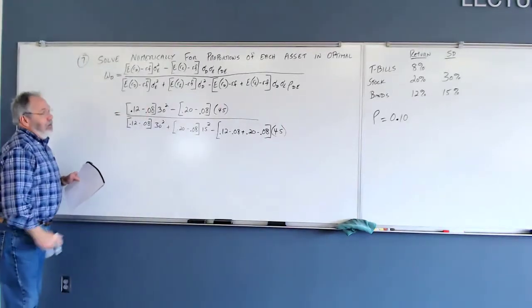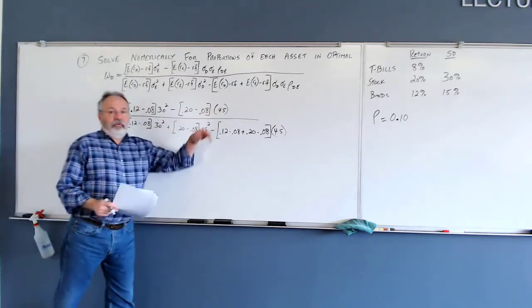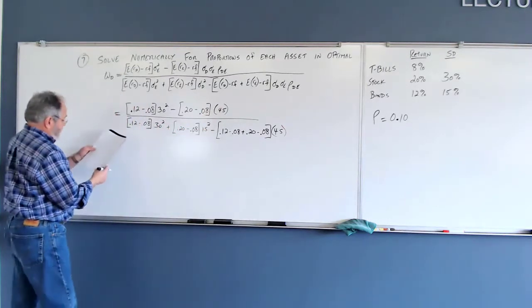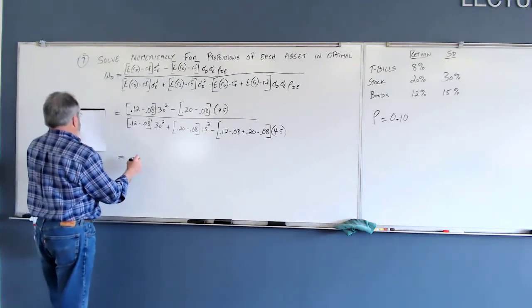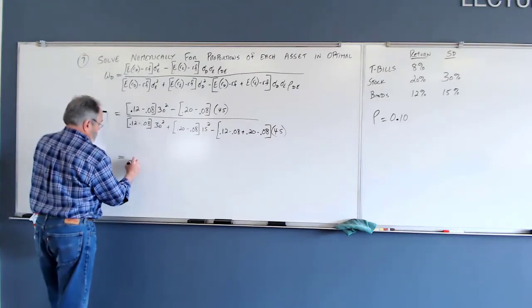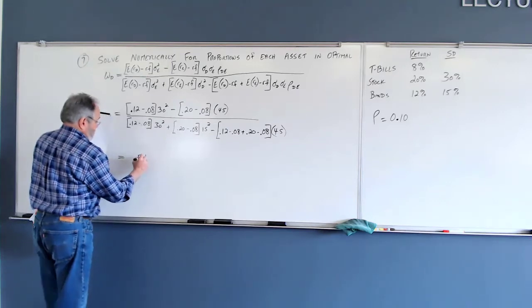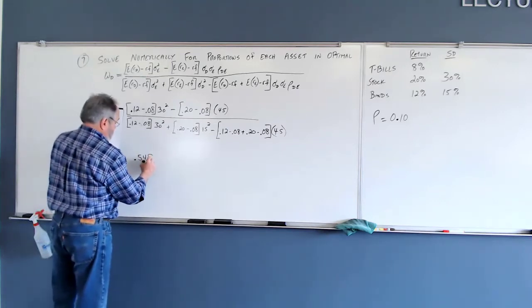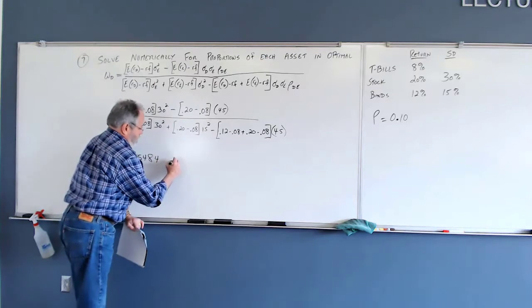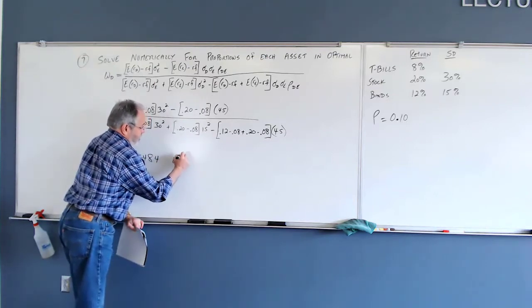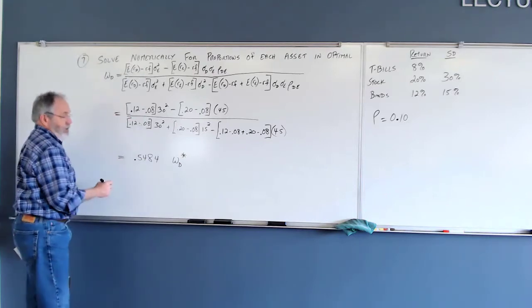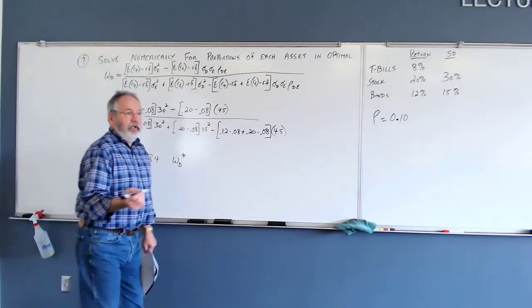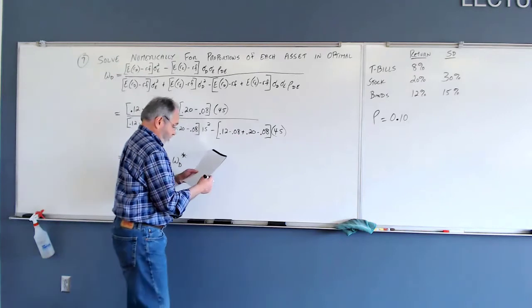Okay. All the numbers from our formula. We do the math associated with this. 0.5484, weight in debt optimal. Weight in equity is simply 1 minus the weight in debt.